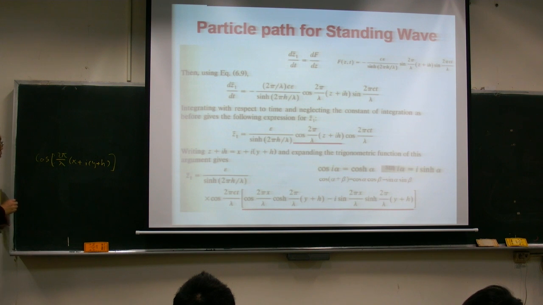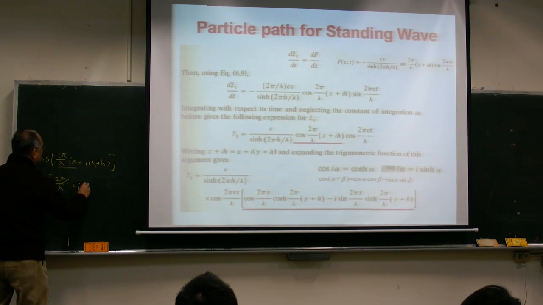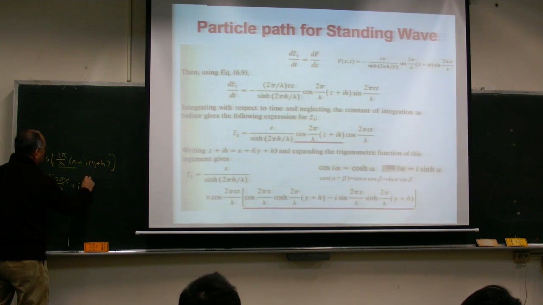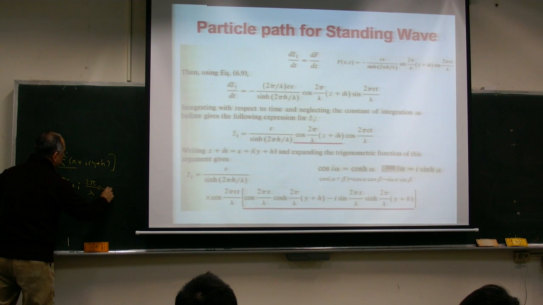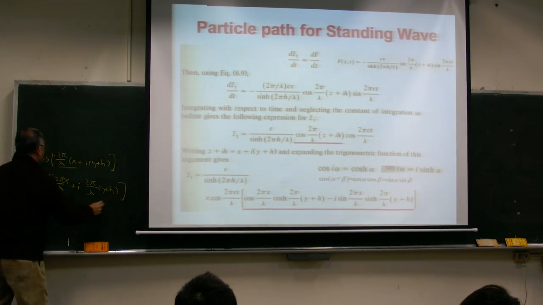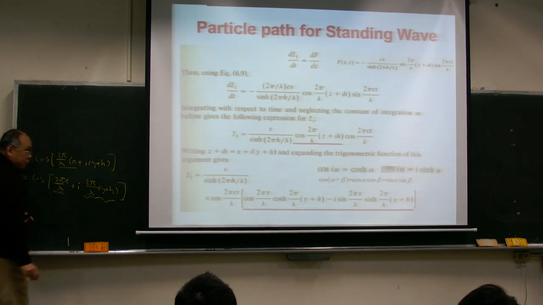So you have the cosine of 2 pi over lambda x, this is the real part, plus i times 2 pi over lambda times y plus h. Like this, here we have the real part and the imaginary part for it.